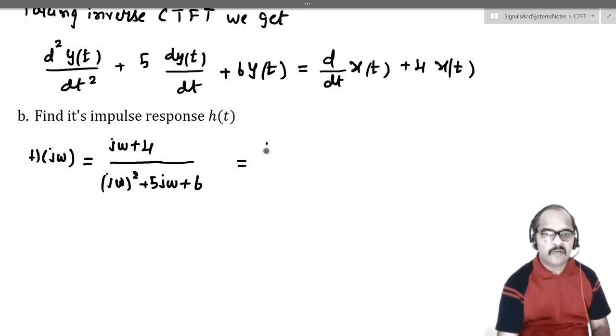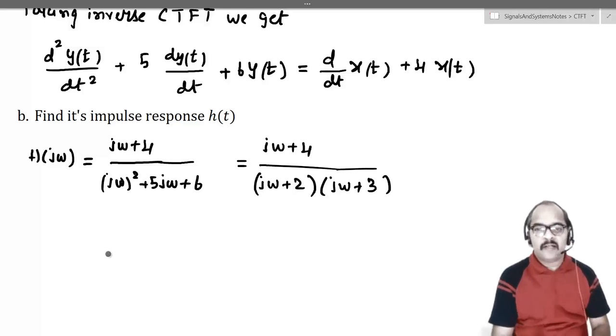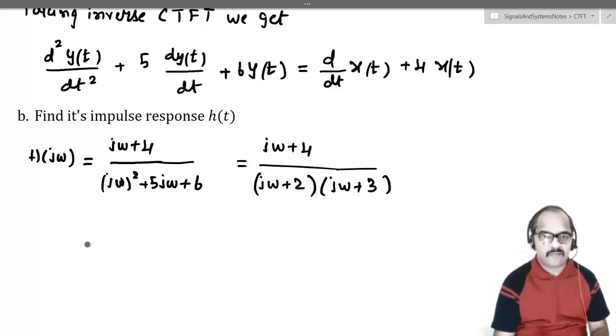As said before, we can factorize the denominator. We get (j omega plus 4) by (j omega plus 2) multiplied with (j omega plus 3).